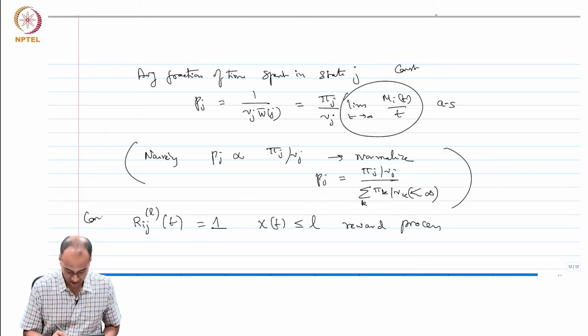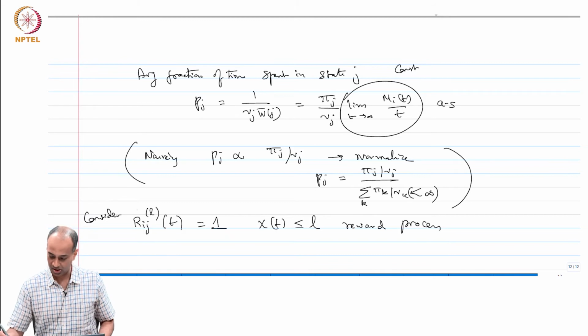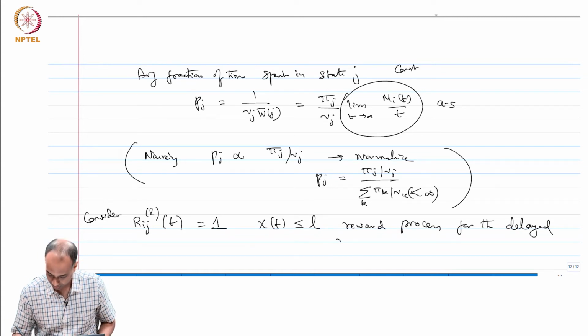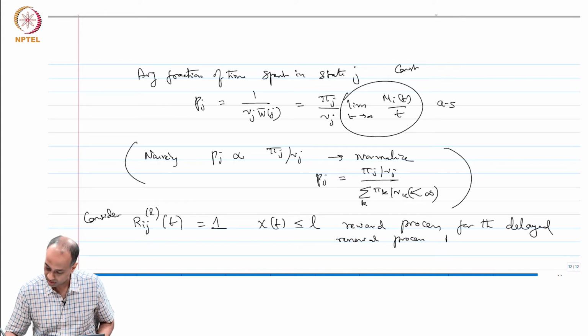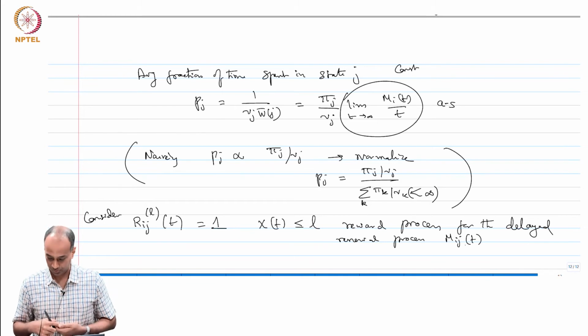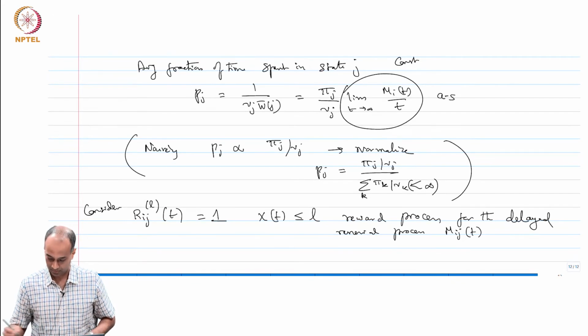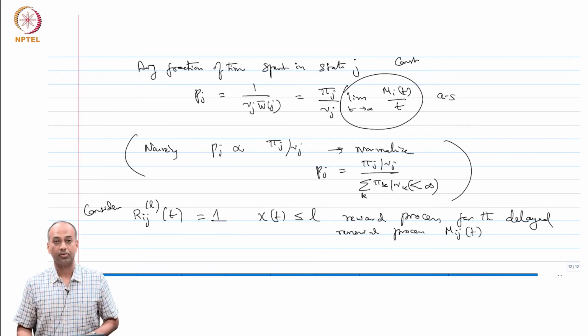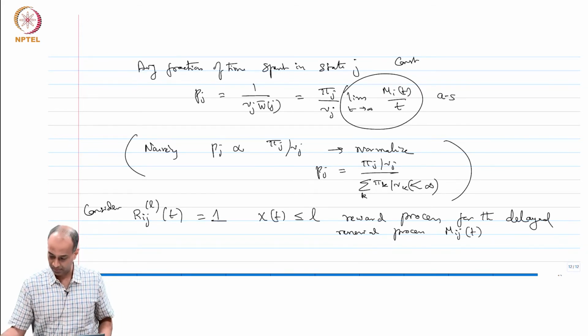So, consider this reward process for the linear renewal process M_ij of t. I am going to give a reward of 1 whenever my state is anything from 1 to L, or 0 to L, alright.